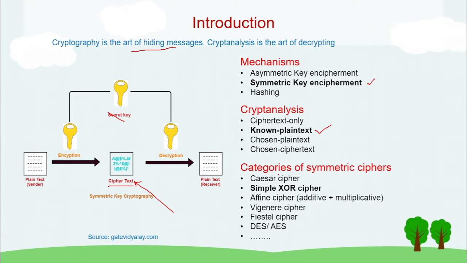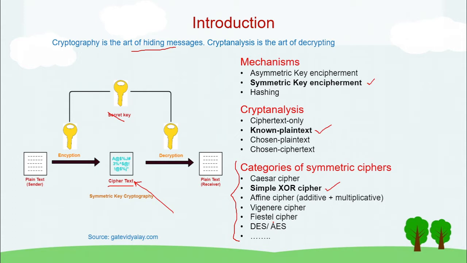Under symmetric key encipherment also, there are many categories, starting from Caesar cipher to the latest AES, Advanced Encryption Standard. And there are many more which I have not listed here. But in order to understand the process, I'm going to use only a very simple XOR cipher. But whatever method we are following in this video can be applied to any of these symmetric ciphers.